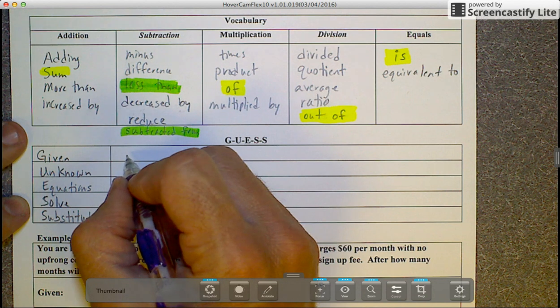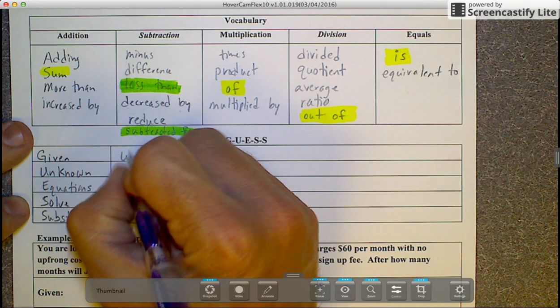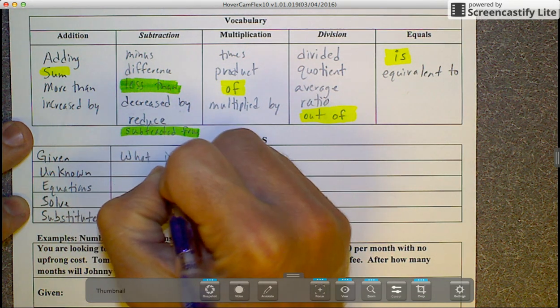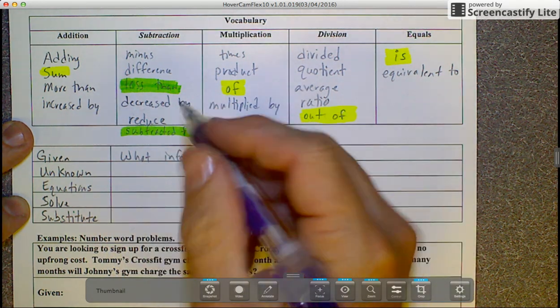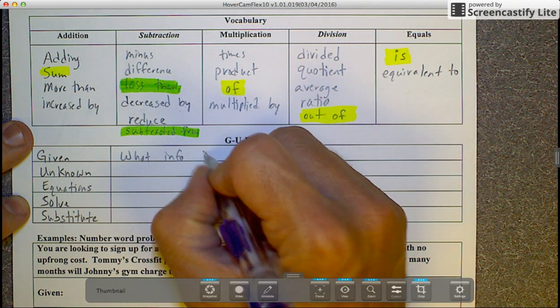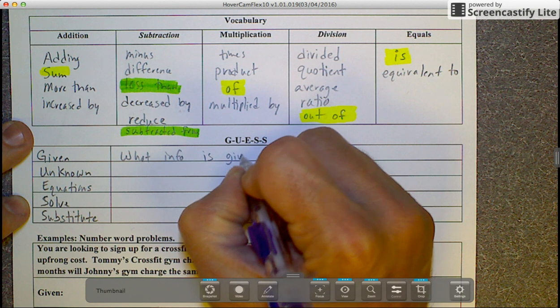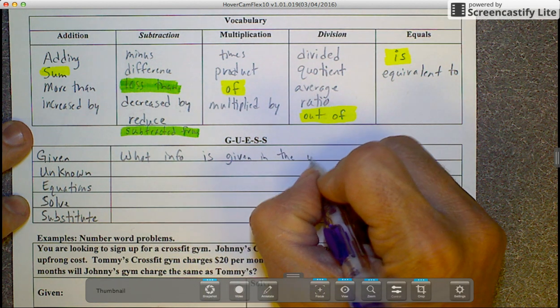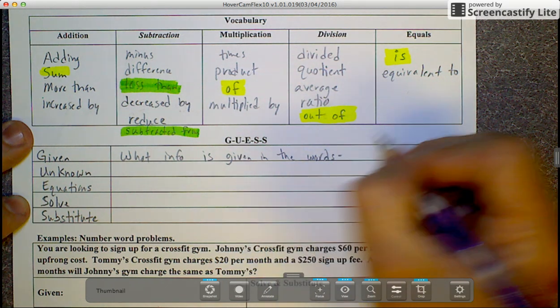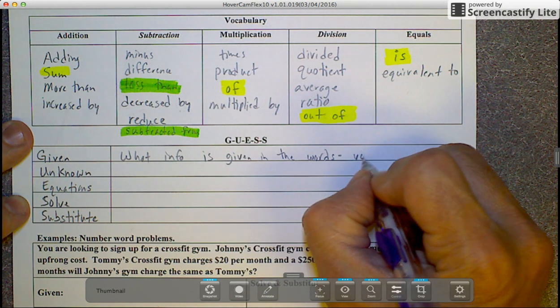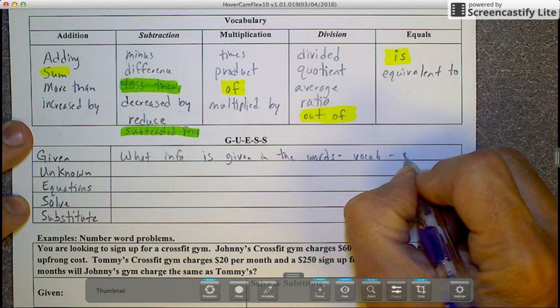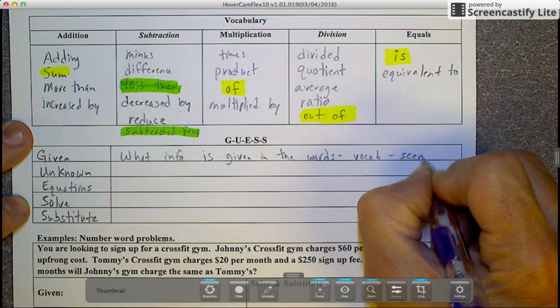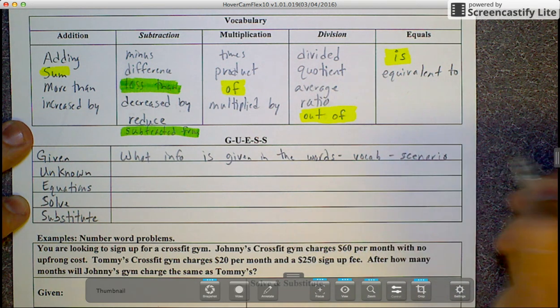So you're given. And the given is what info is given in the words, the vocabulary, as well as what is your scenario, like what's happening.